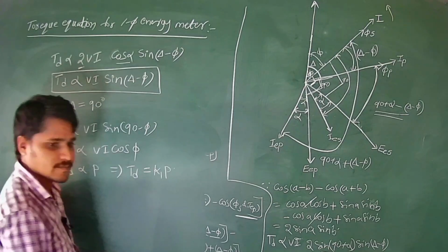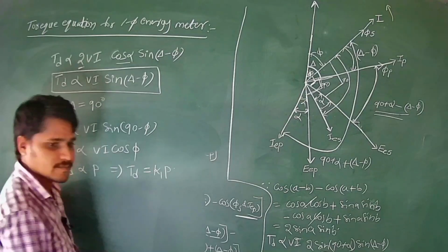This braking torque is proportional to the number of revolutions made by the aluminum disc N. If you remove the proportionality, the braking torque TB is equal to some K2 into N. Therefore at equilibrium TB equals TD, so K2 into N is equal to K1 into P.